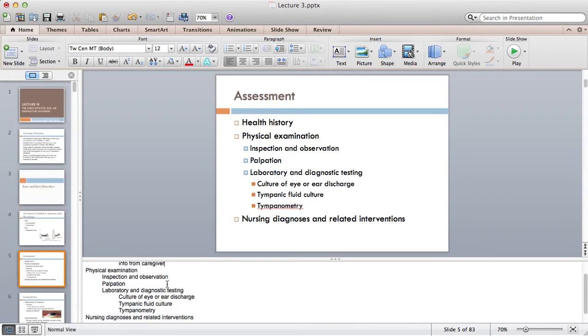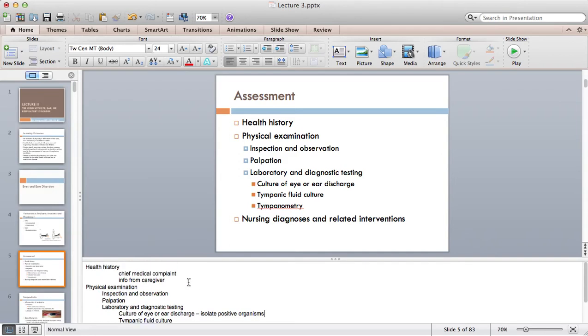And then you will have to do your lab. If there are any eye discharges, you would like to culture that to see if we'll be able to isolate the prospective organism. Same thing goes with the discharges from the ear. You may be able to culture it and see if there is anything that grows in it. Other things that you would like to do in terms of your exam and history will also be the child's behavior, what the child was doing.